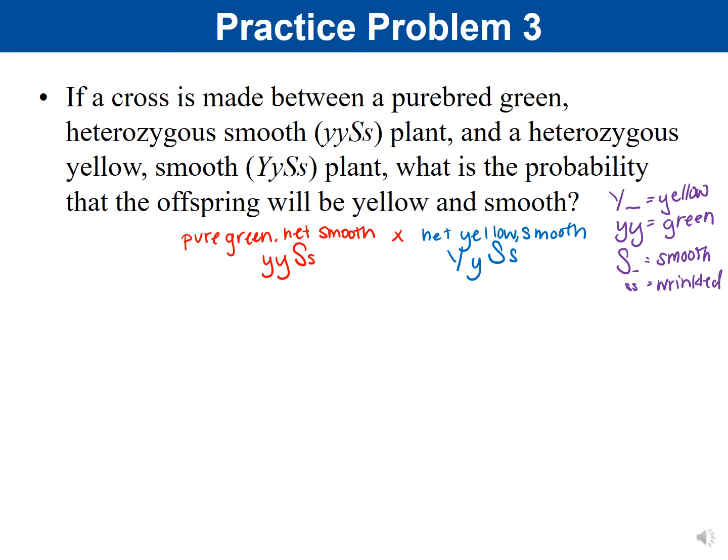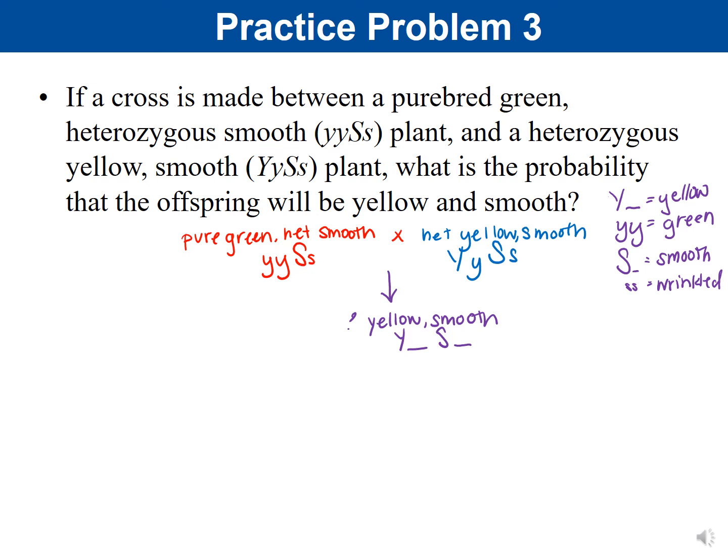So, what is the probability that the offspring will be yellow and smooth? Again, that would be big Y, any allele, big S, any allele.